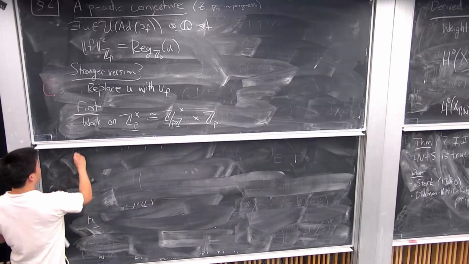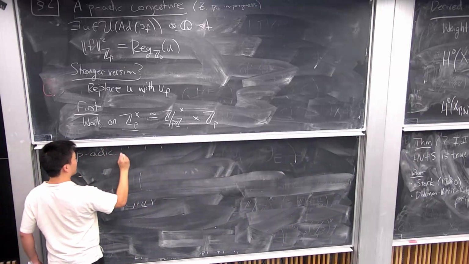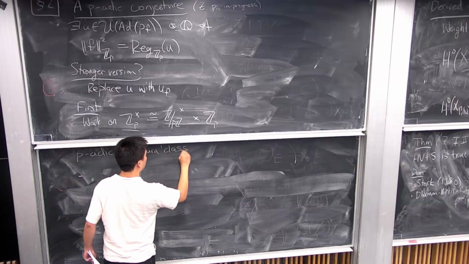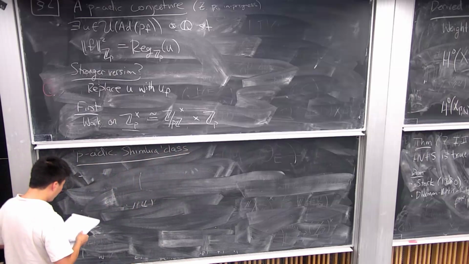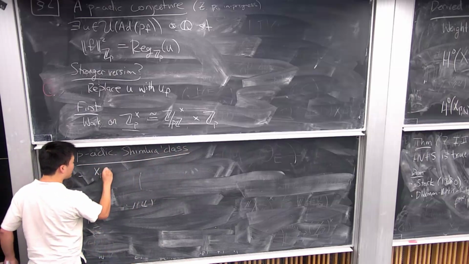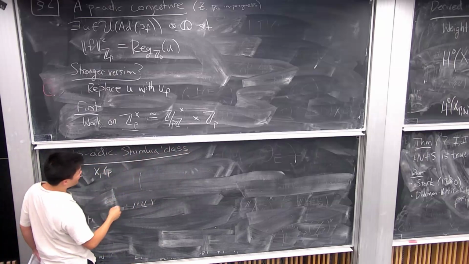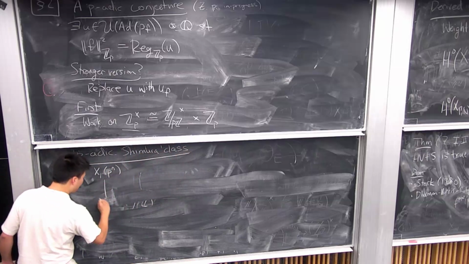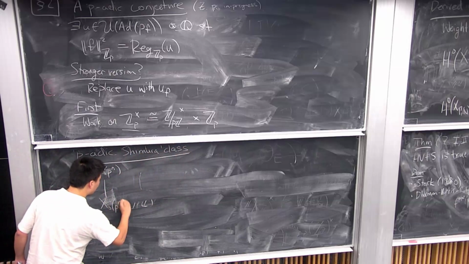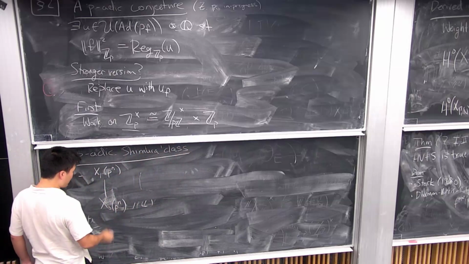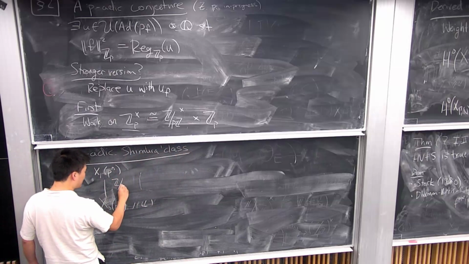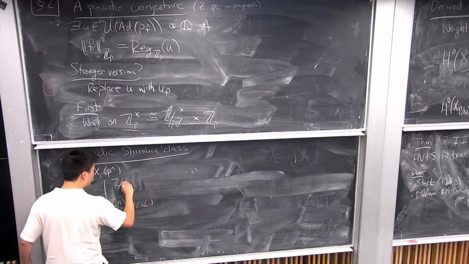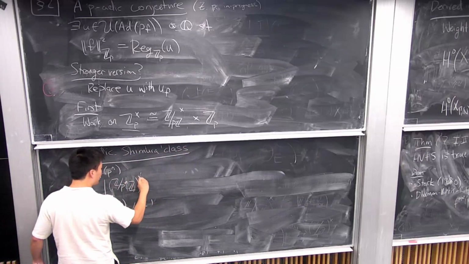Okay, so the p-adic Shimura class. Let me start with this. Naively, you want to look at a similar covering as I wrote previously over there, but for X_1(p^n) over X_0(p^n). Okay, and this has essentially Galois group (Z/p^nZ) cross.